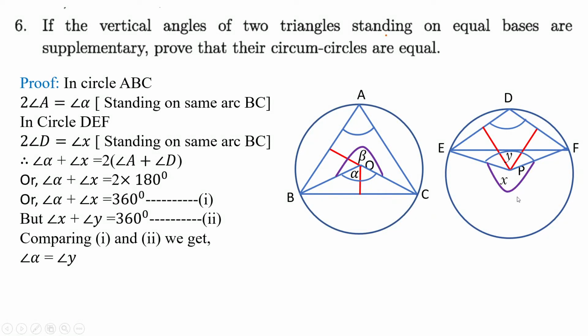A complete angle is 360 degrees, so angle X plus angle Y equals 360 degrees. If we mark this equation as 2 and the previous as 1, comparing 1 and 2, we get alpha plus X equals 360 and X plus Y equals 360. So obviously alpha equals Y.